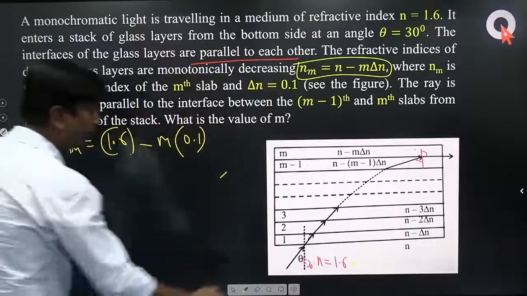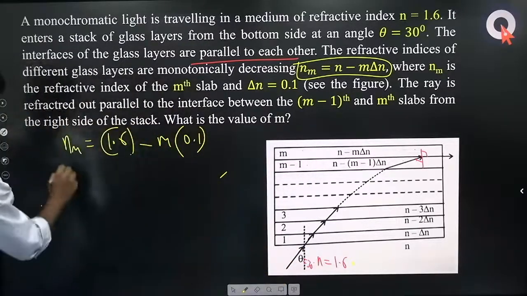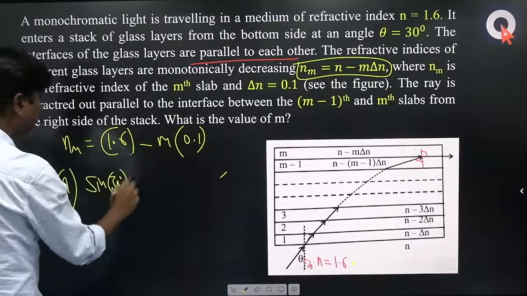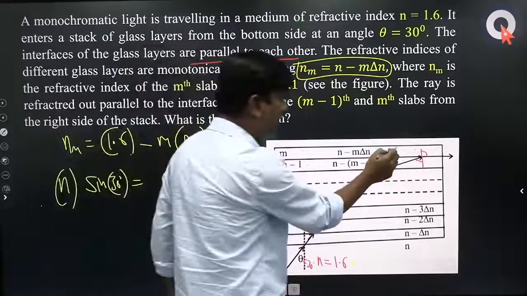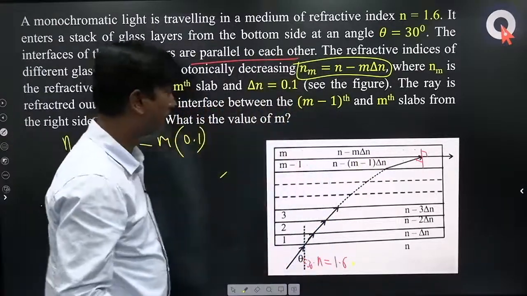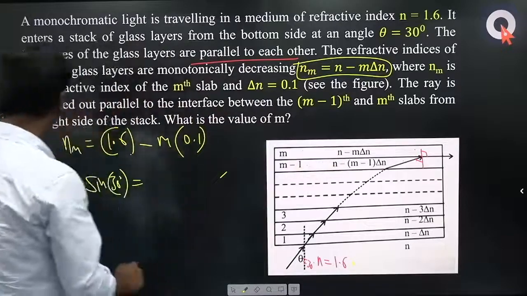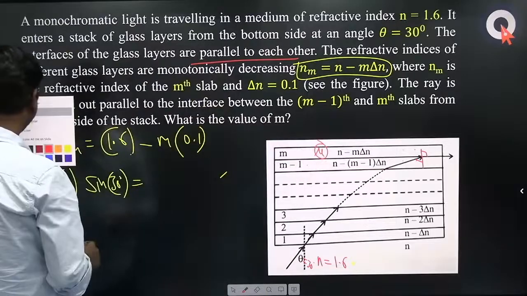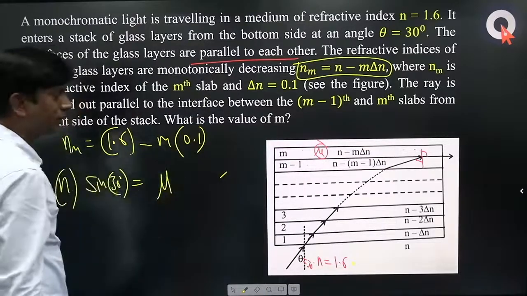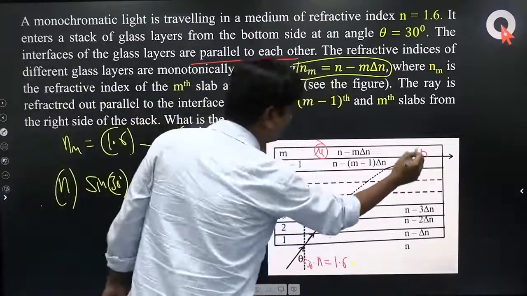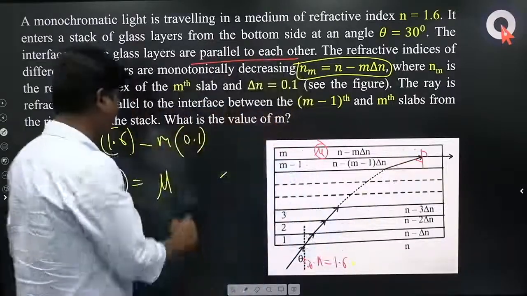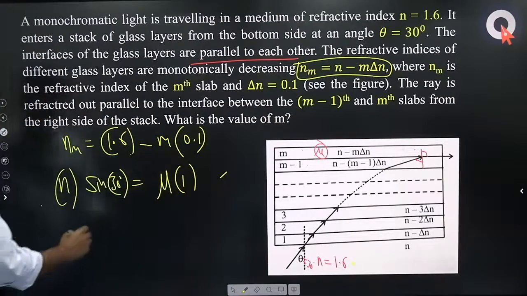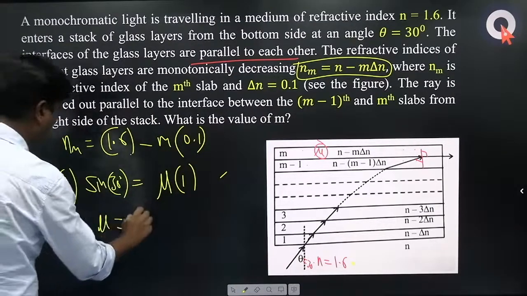Here n into sin 30 is equal to the refractive index of the mth slab, let us say nu, just think that it is a new value, into sin of the angle it makes in this medium, 90 degrees, so sin 90, which is 1. And the new value you will get is exactly n by 2.